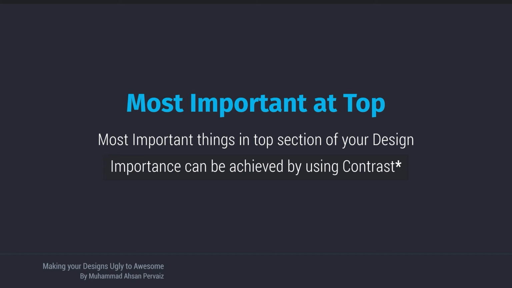One more technique is, if you want to give something importance, you can also use contrast. You will learn a lot about contrast in the next section, so we are going to leave it right there. But it means that it must be different from the rest of the items in your design.